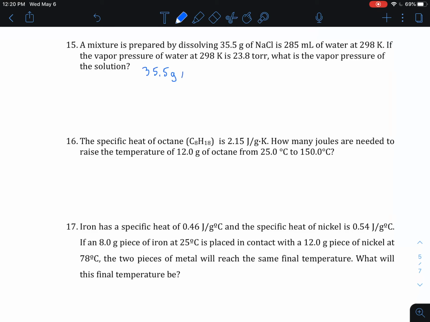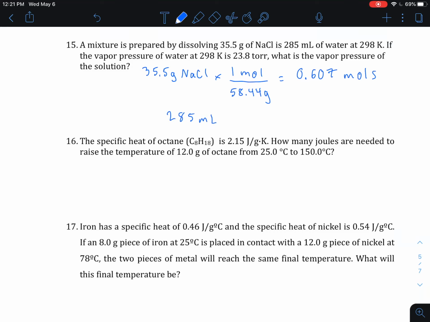So we'll take our 35.5 grams of sodium chloride and we'll need to change that to moles. And periodic table will tell us 58.44 grams. So that would give me 0.607 moles.